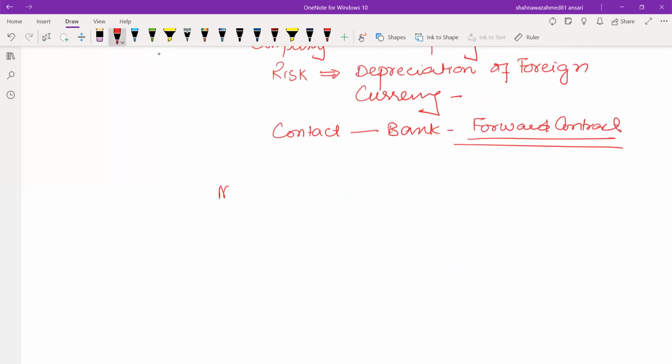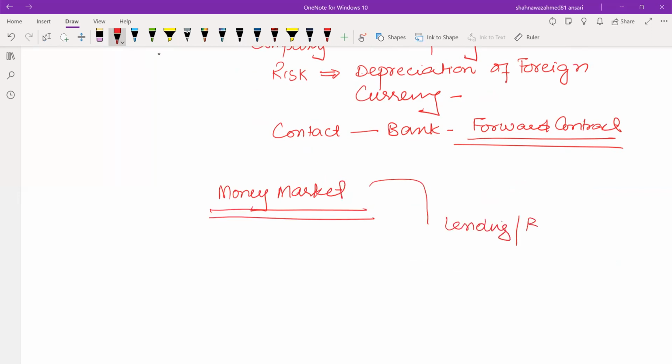In money market hedging, we don't contact any bank, but rather we manage currency risk using the money market function of lending or borrowing money. The money market is a market for short term, usually 1 year.